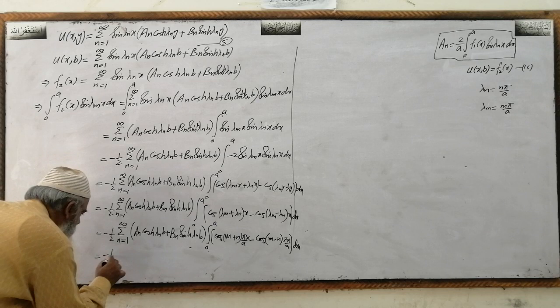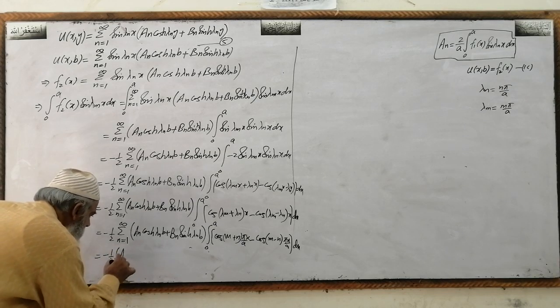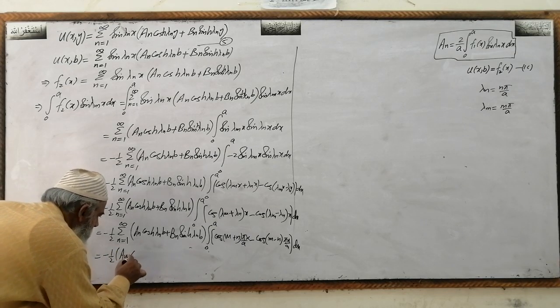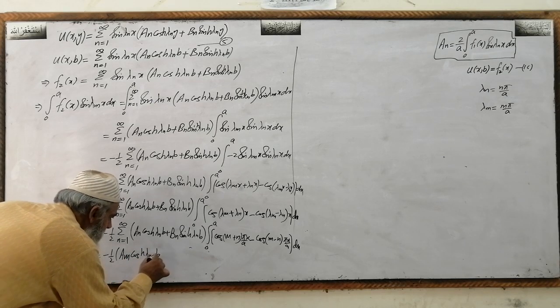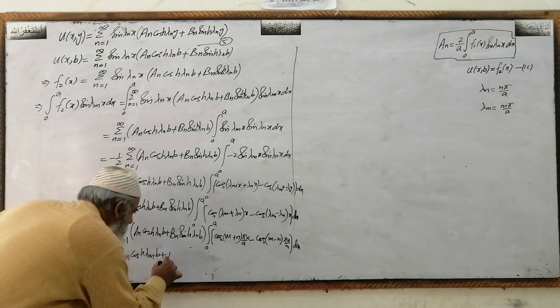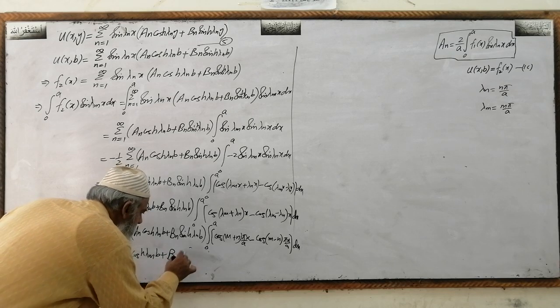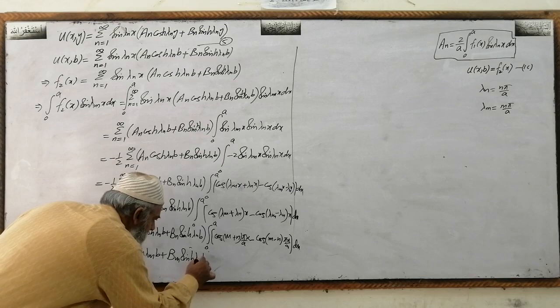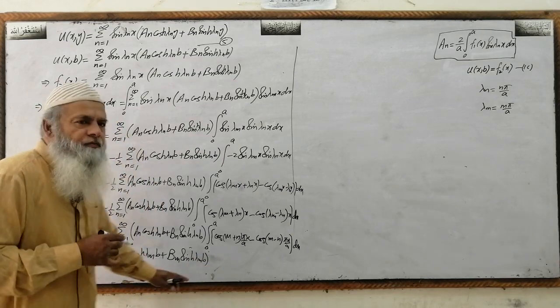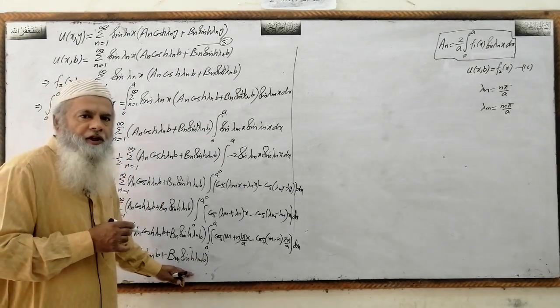Therefore, this will become minus 1 by 2 a m cos hyperbolic lambda m b plus b m sin hyperbolic lambda m b, as we did in finding the value of constant a n.